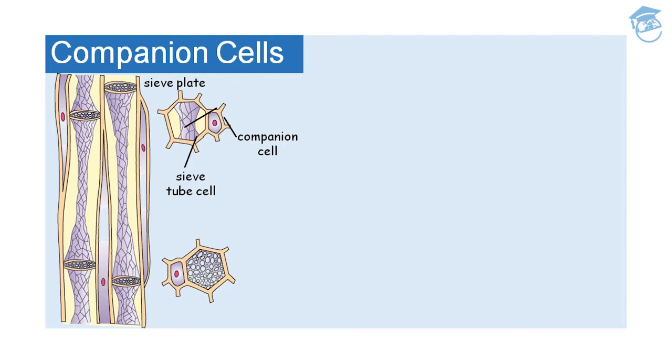Parenchyma cells are part of the ground tissue of plants. The cell wall of these cells is typically very thin, as you can see, thinner than most other cell walls, and these cells make up the majority of the plant body.